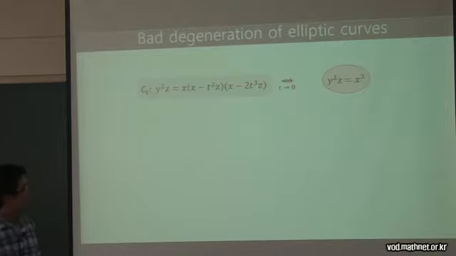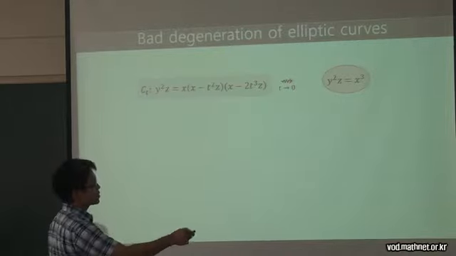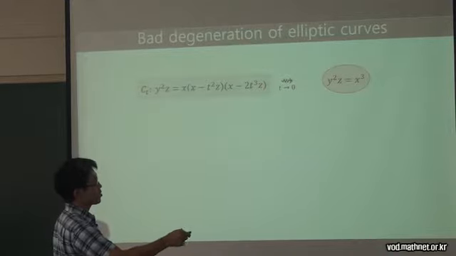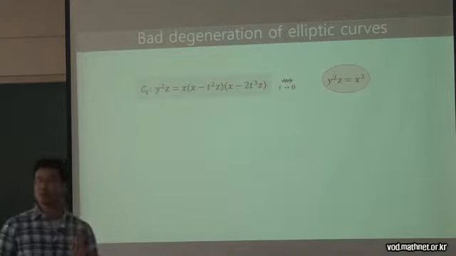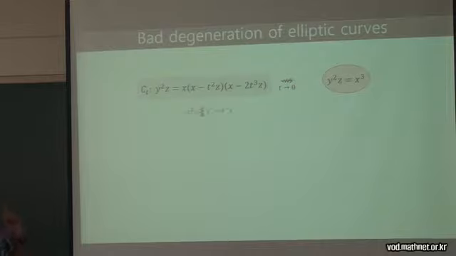Okay. Now, I'm going to start from this cubic equation, this elliptic curve, and make a coordinate change. So when t is not 0, I can make this coordinate change by letting x prime equal t squared x, y prime equal t cubed y. So t is not 0 here.